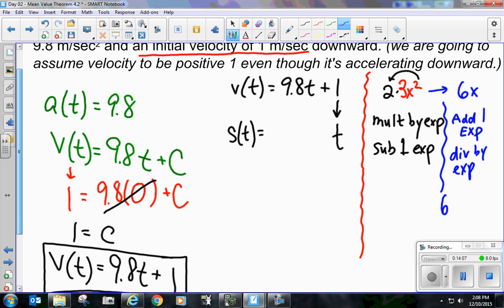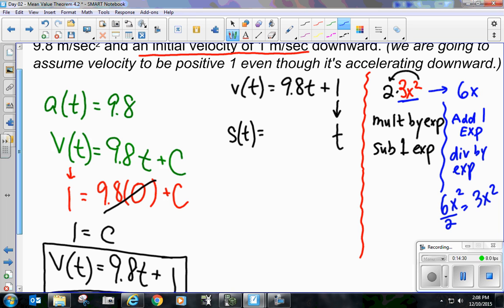So what does that mean? I have 6x, well, 1 plus 1 would be 2, and then I divide by 2, which would be 3x squared. Look at that. It's just backwards. Not only in math, but in the order of the math you do. Everything's backward.